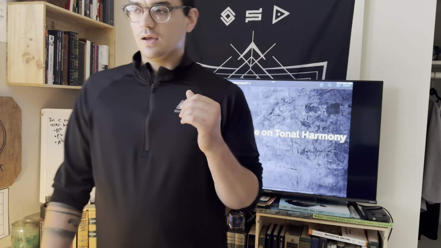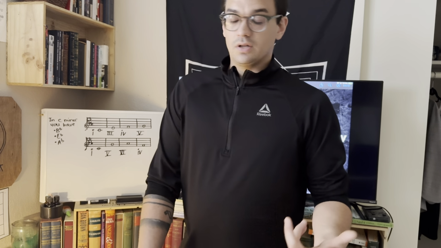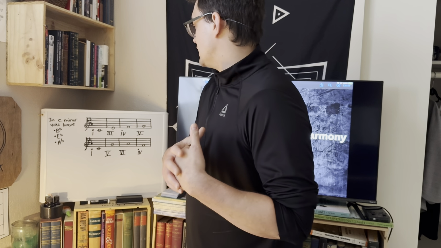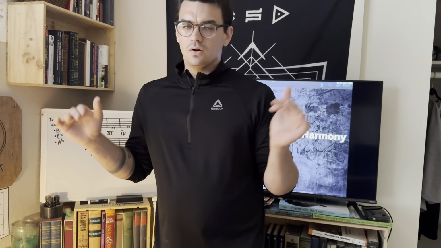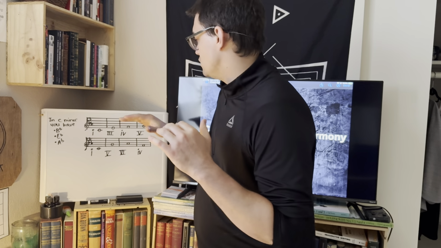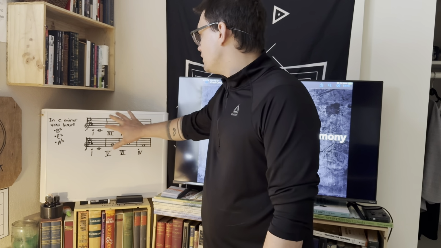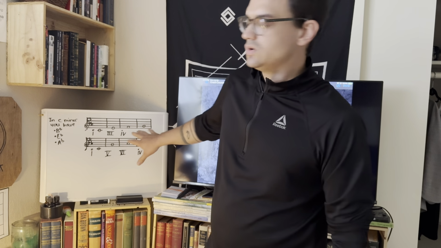It is important to preface this lecture by mentioning that I am operating under the assumption that you have at least a rudimentary understanding of how to read a 5-line staff in standard notation.